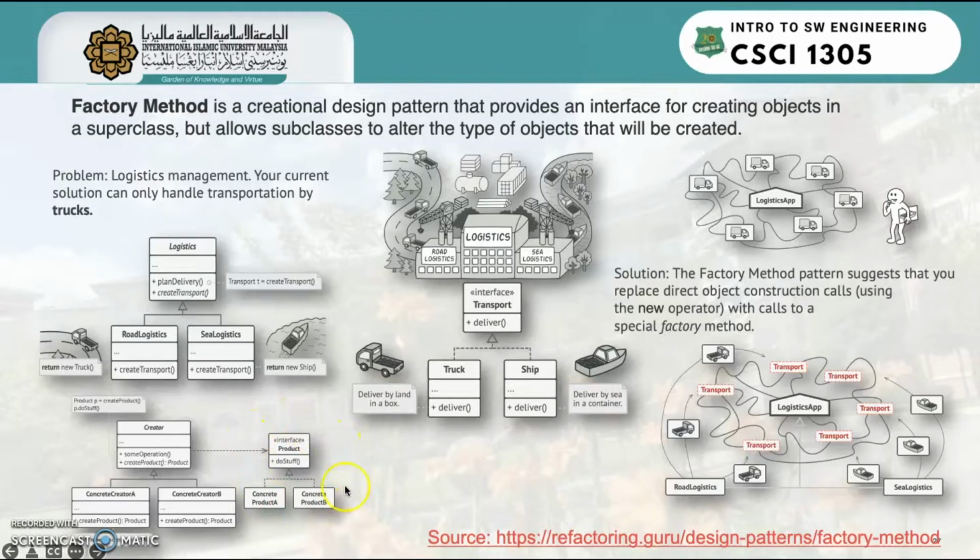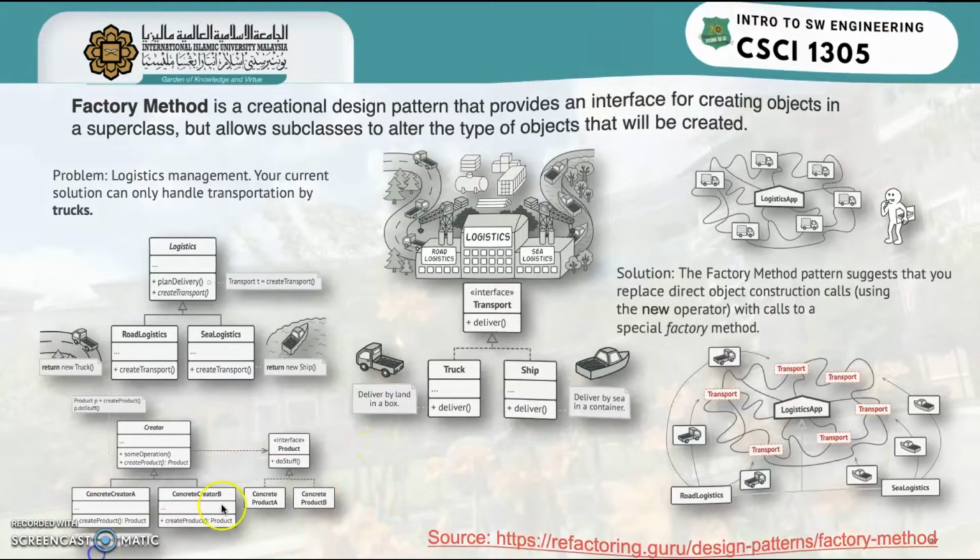This is what they call the factory method. In order for you to adopt a design pattern, you have to at least have some knowledge of existing patterns in order to know which pattern can solve your problem. I hope at least you have some understanding of design patterns.